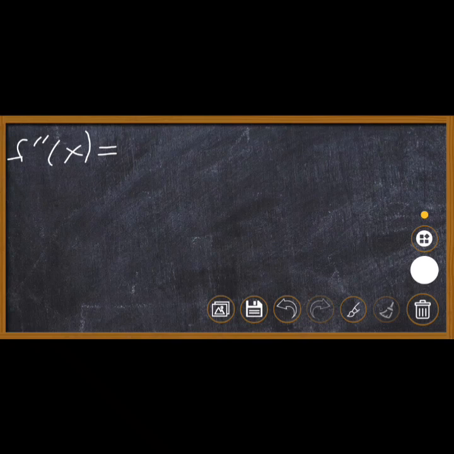So in this case, our second derivative was 2a2 plus 6a3x plus 12a4x squared plus, if we added for the fifth one, what could be the value?